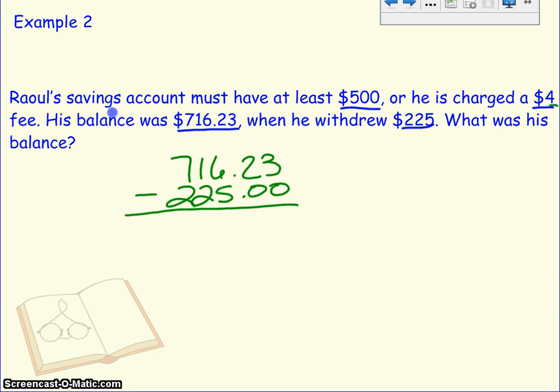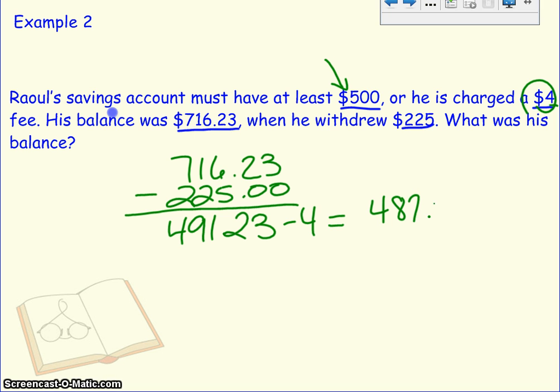So when we subtract that, we get $491.23. It says here that he went under the $500, so we're going to have to assess a $4 charge, so we're going to subtract that, and his balance is now $487.23.